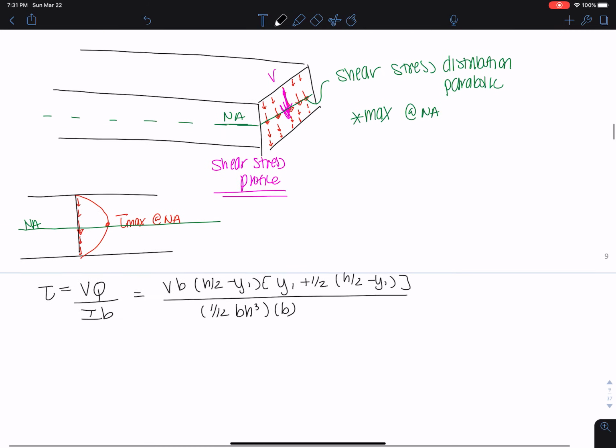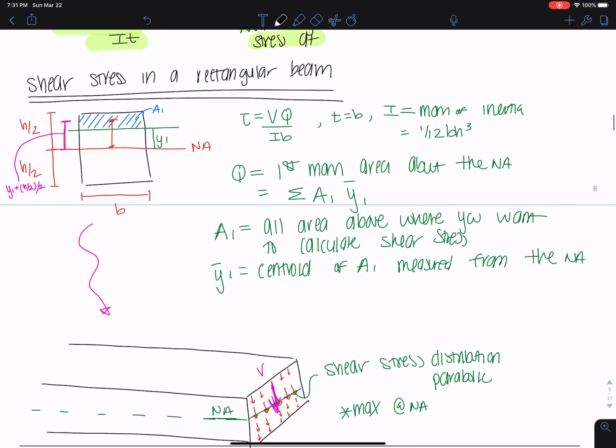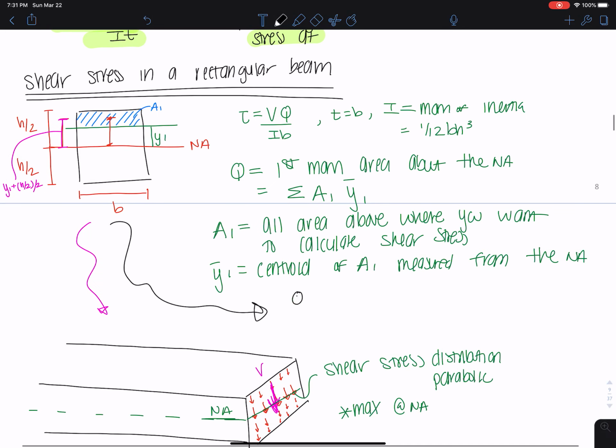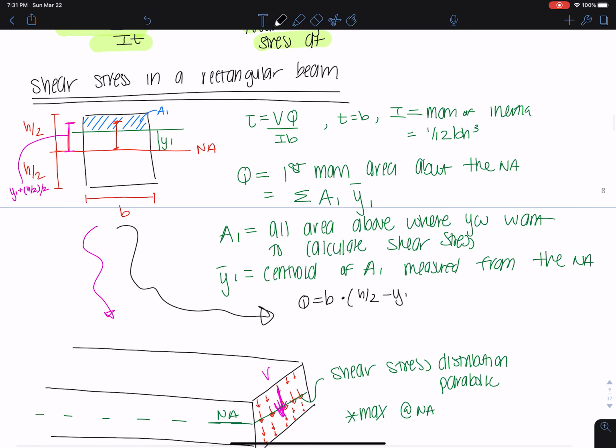Let me actually show you where we got the full Q value from here. Once we get all of those heights, Q is equal to B times H over 2 minus Y1, and this is the area, okay?